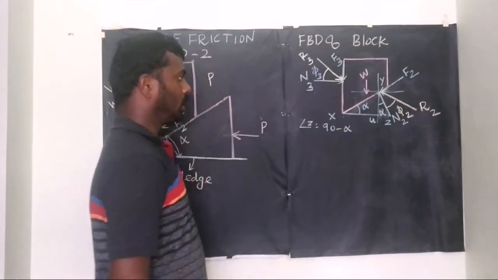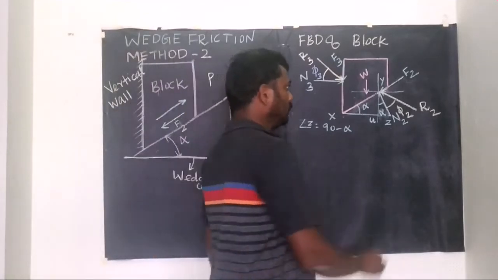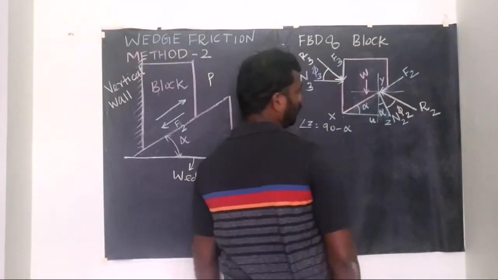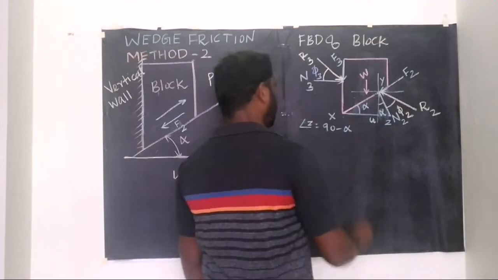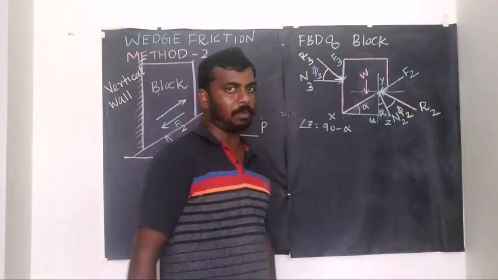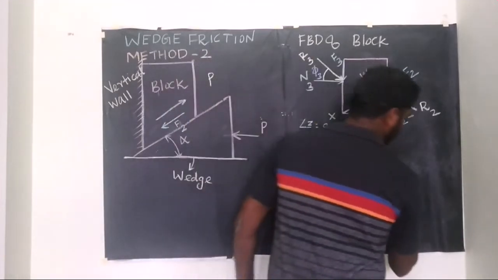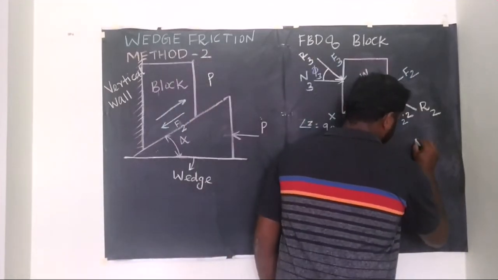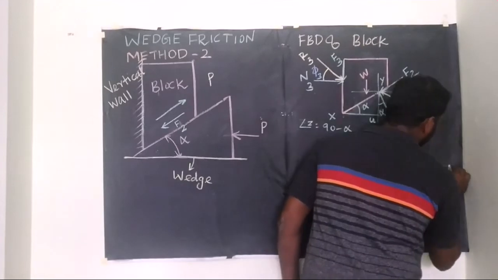Now I am going to take the self weight of the heavy block, resultant force R2, and resultant force R3 separately, then apply Lami's theorem. Before that, draw the reference x and y lines.